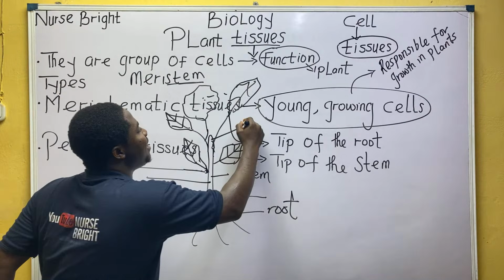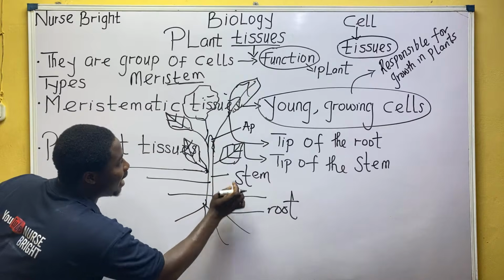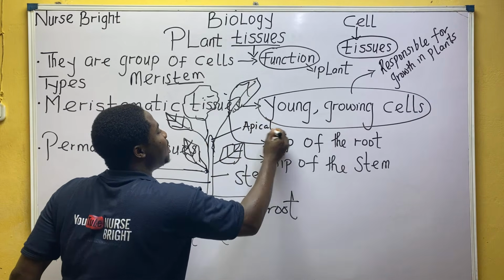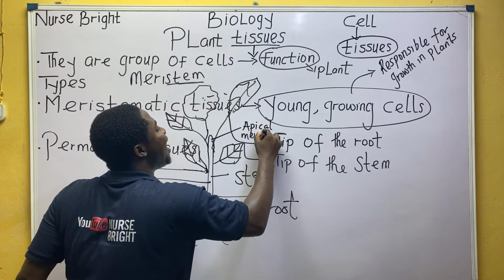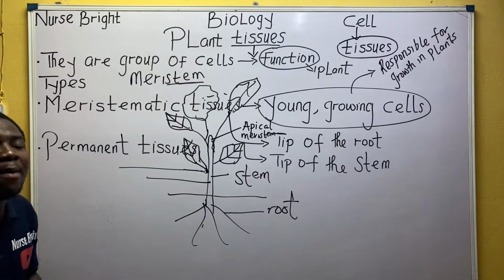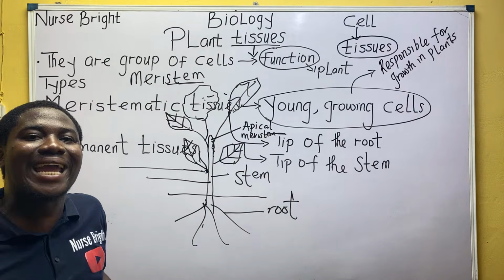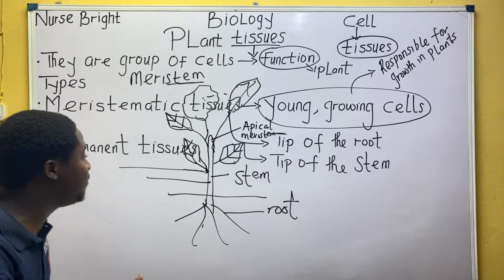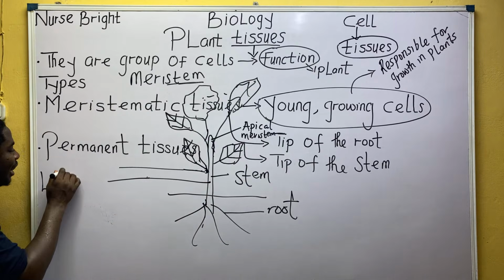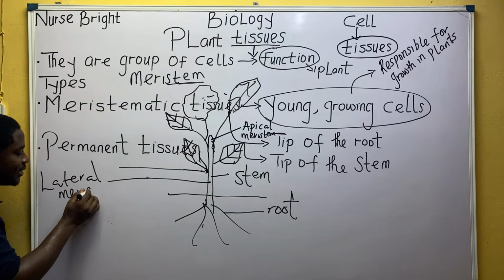Everybody listen. The meristematic tissue that is found at the apex of a stem, they call that apical meristem. I repeat, apical meristem. Are you following me? Those meristematic tissues that are found in the side of a stem, we call them lateral meristem.